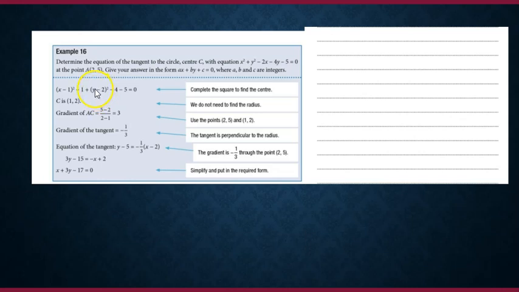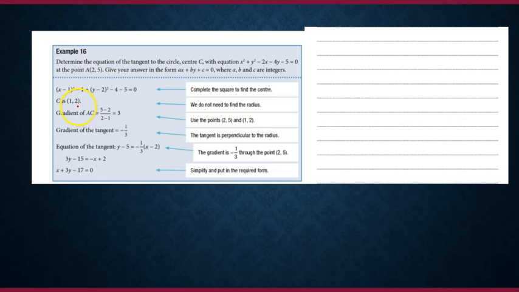So here in this equation 16, we complete the square of this particular equation. So we have x minus 1 squared minus 1 plus y minus 2 squared minus 4, then minus 5 equals 0.